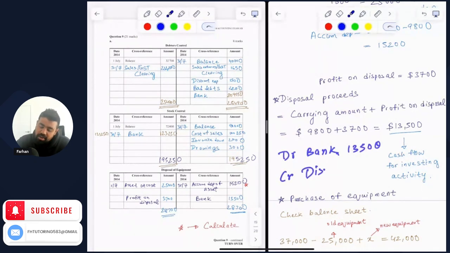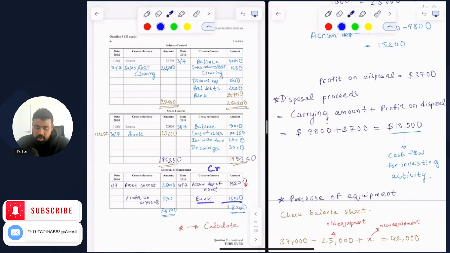We would have credited the disposal of asset account. The credit to the disposal of asset account is cross-referenced with the funds we have received in the bank account. That is why you can see here on the ledger account for disposal of equipment, on the credit side, you are showing bank of $30,500. Okay. So this is one way to look into this.